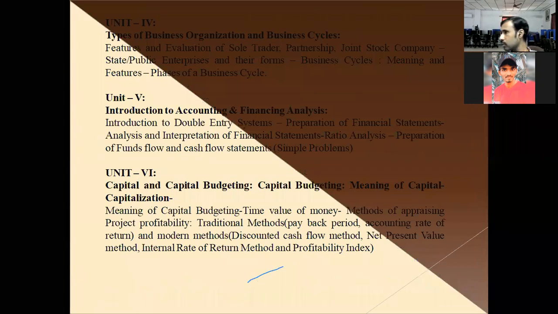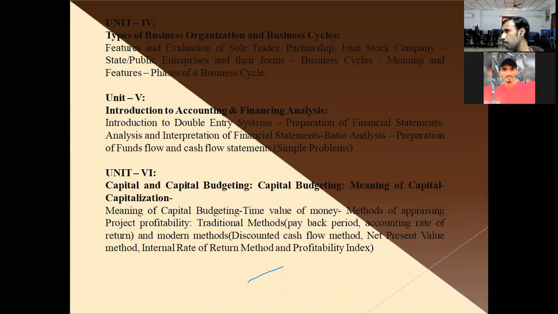Fourth unit is about different types of business organization. In this fourth unit, my concentration will be on the different types of business organization, and I evaluate each and every business organization on its characteristics, merits and demerits. On a general note, we have three types of business organizations here.